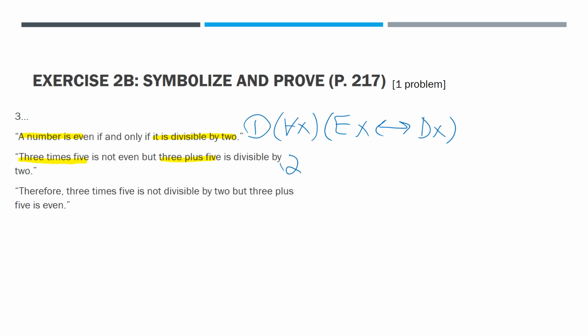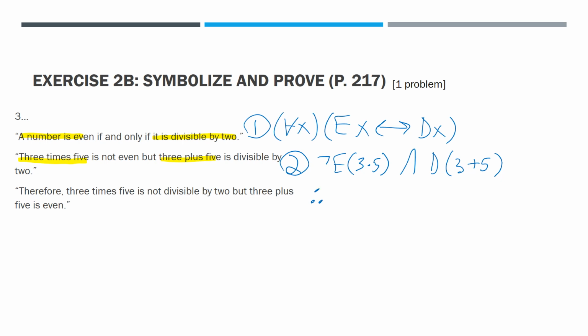Second premise, we have not E 3 times 5 and D 3 plus 5, where E is a predicate even number, D is a predicate divisible by 2.